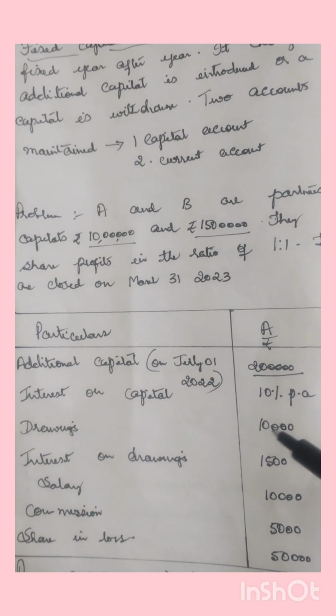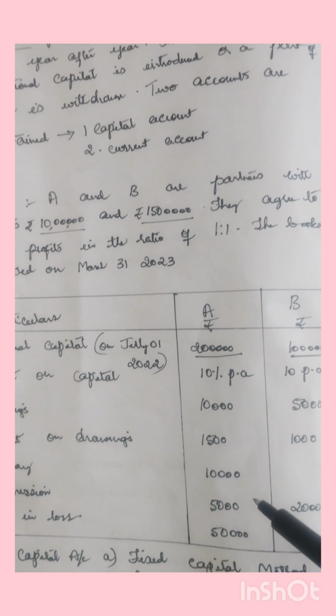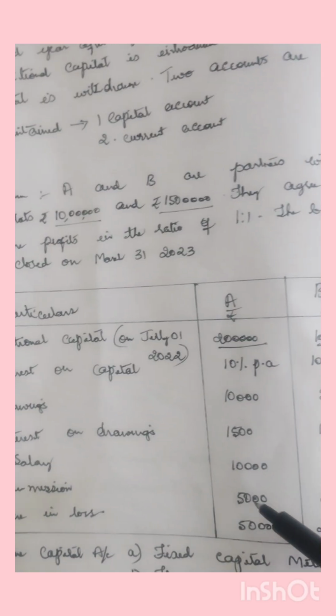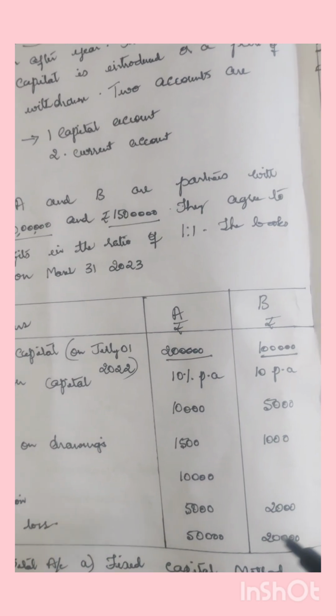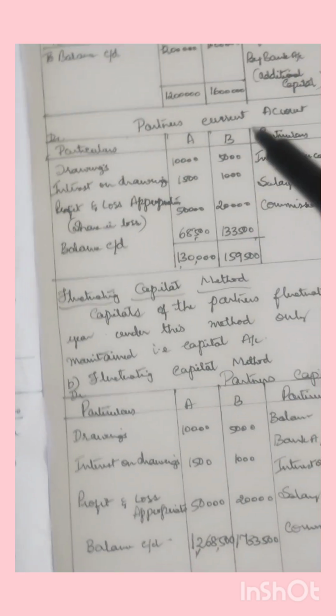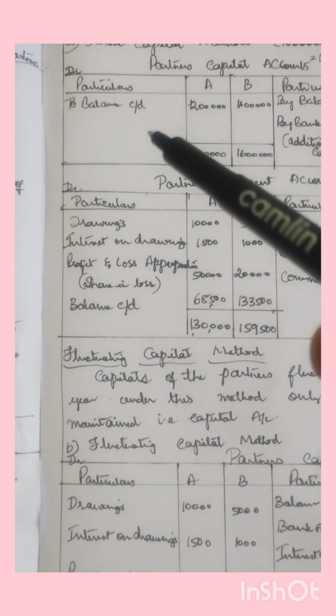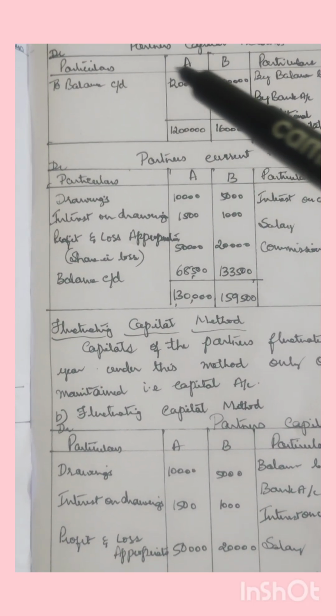Drawings 10,000. Interest on drawings is also given. Salary is paid to A. Then commission, for both partners. So there is a share in loss. Based on this question, we will understand the preparation of partners' capital account as well as partners' current account under the fixed capital method.